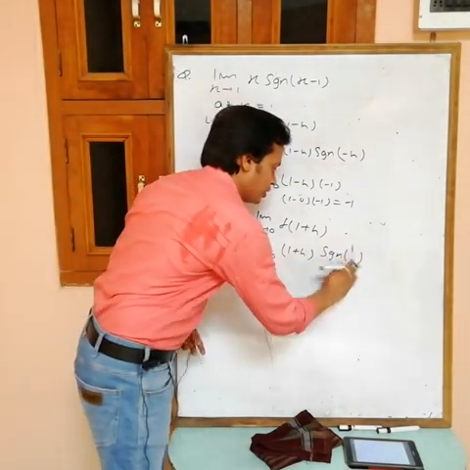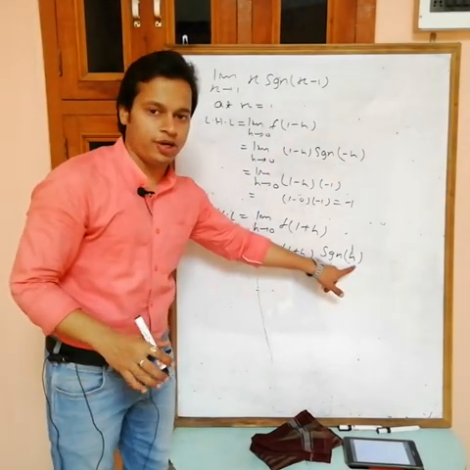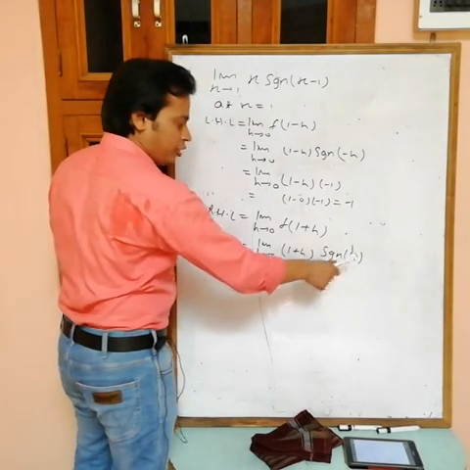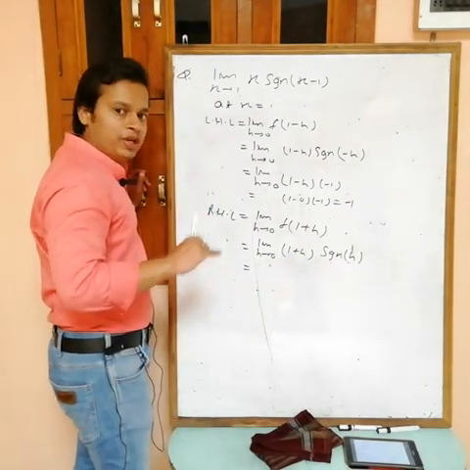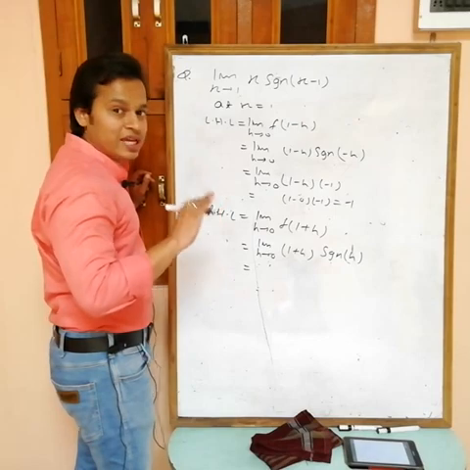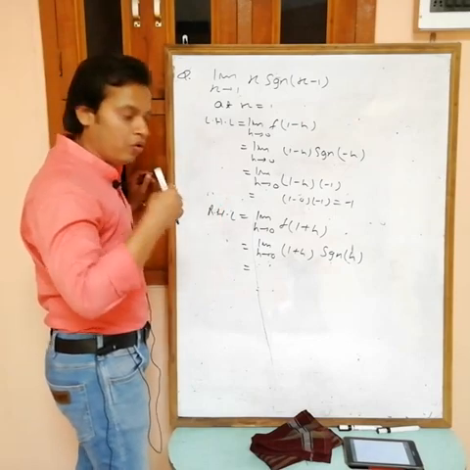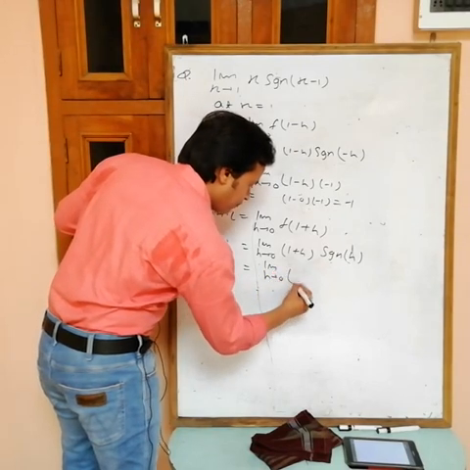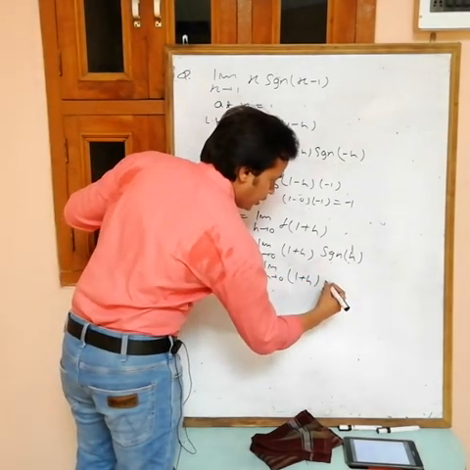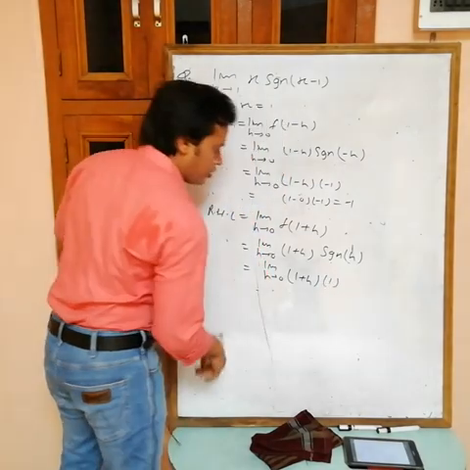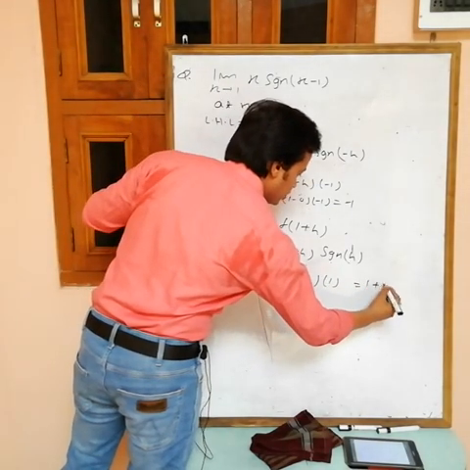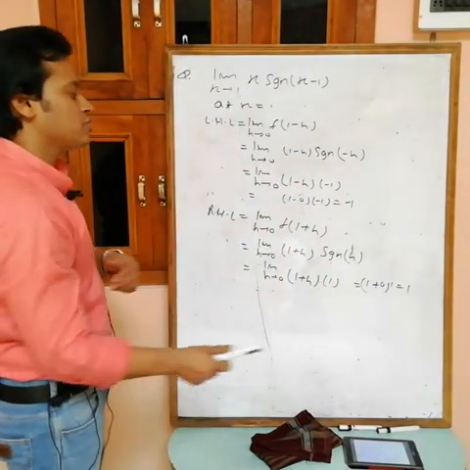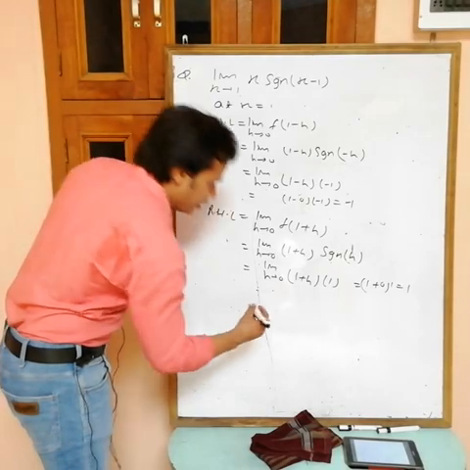Now see, h is a positive quantity, and if h is positive then the value of signum is plus 1. You can't put h equals 0 at this time, put h equals 0 at the end, because h is not exactly 0, this is only near to 0. So limit h tending to 0, 1 plus h, and the value of this one is plus 1. Now put h equals 0, what you will get? 1 plus 0 into 1, so 1. Now LHL is not equal to RHL, so the limit does not exist.